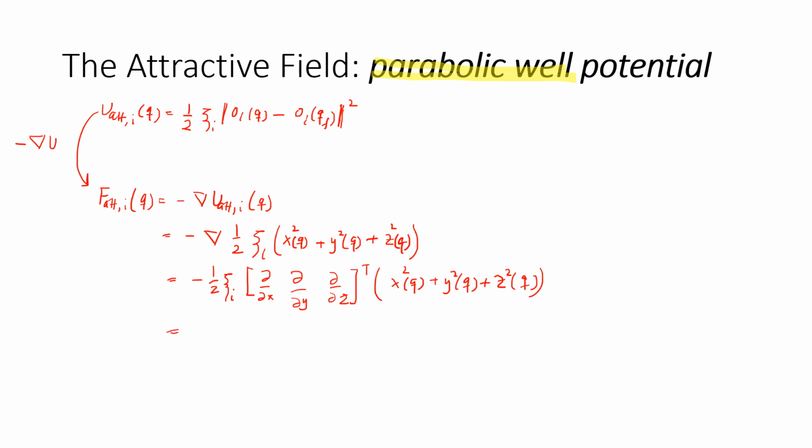And once you perform these partial derivatives, this is going to be equal to minus zeta for that particular joint, and then the function is going to result in a vector.